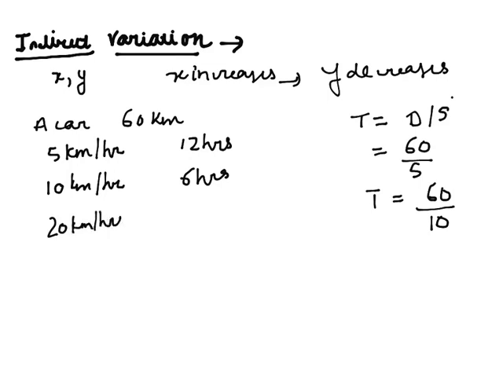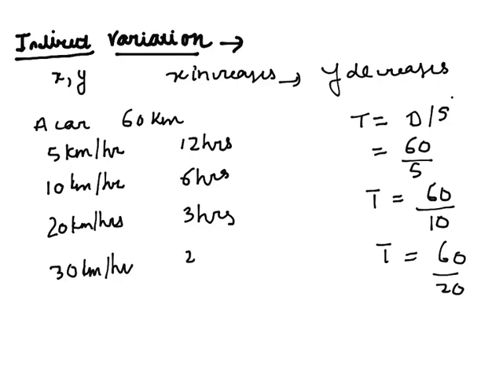Then in that case time will be how much? 60 divided by 20, that is 3 hours. Let's take one more. Suppose now the speed of the car is 30 km per hour. So in that case the time will be 2 hours.